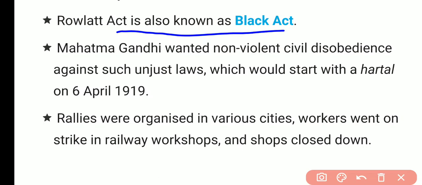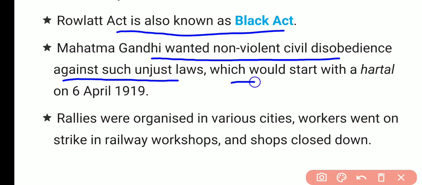And Mahatma Gandhi wanted non-violent civil disobedience against such unjust laws, which would start with the Hartal on 6th April 1919. All the people were not happy, and they criticized this Rowlatt Act because it was an unjust law. एक unjust law था because the British police could arrest any person anytime without any reason for a minimum of 2 years.